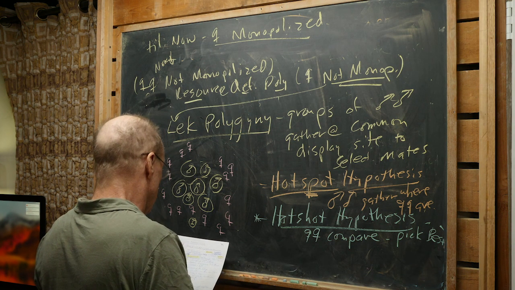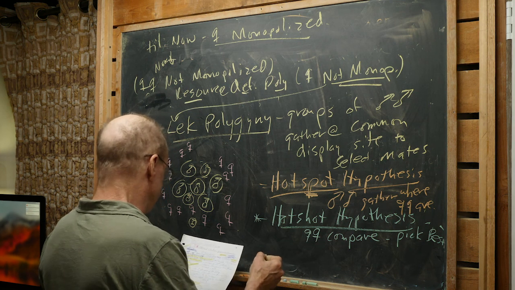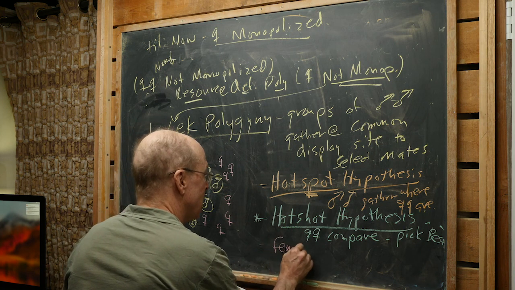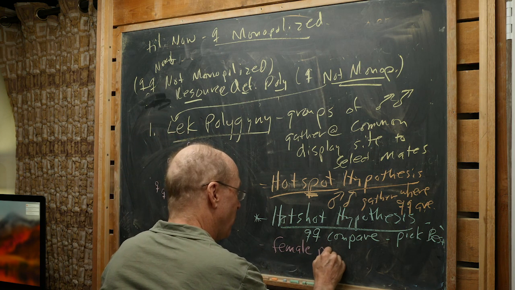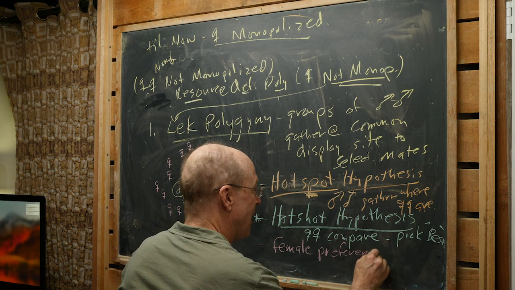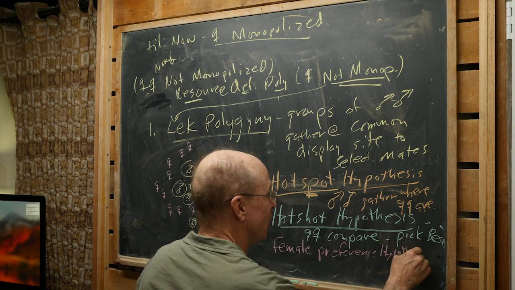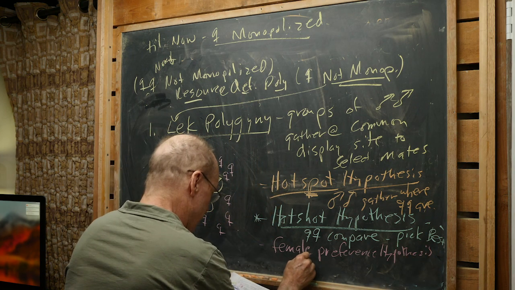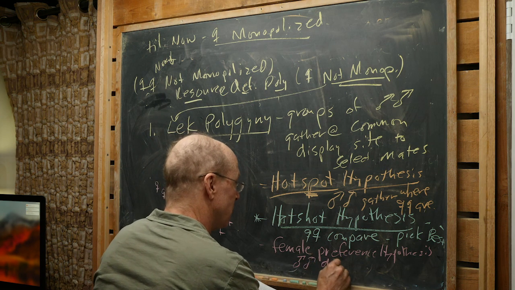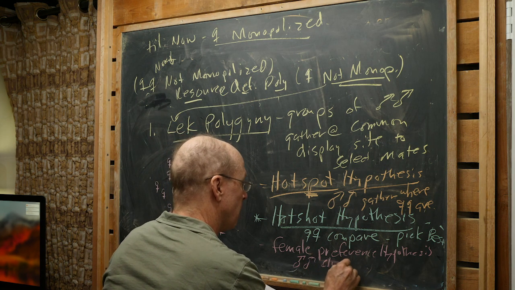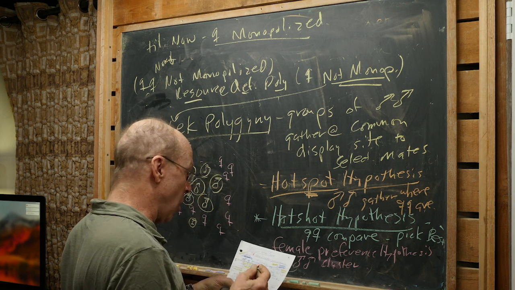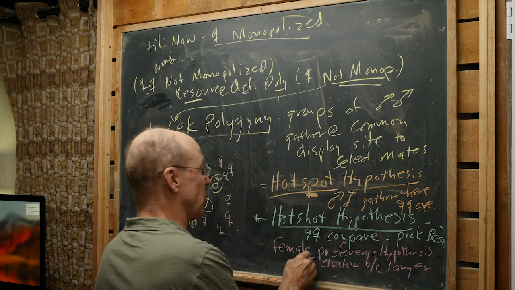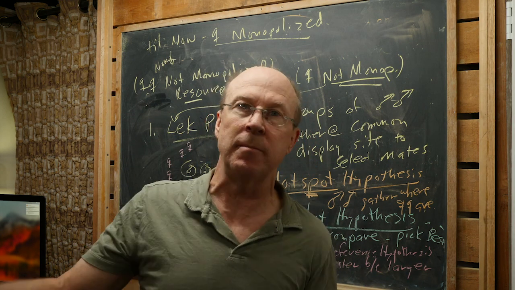This one has a different name. It's called a female preference hypothesis, which is a bit misleading. Basically, the idea here is that the males cluster because larger leks attract more females. So females are preferring large groups of males so they can make a good choice.